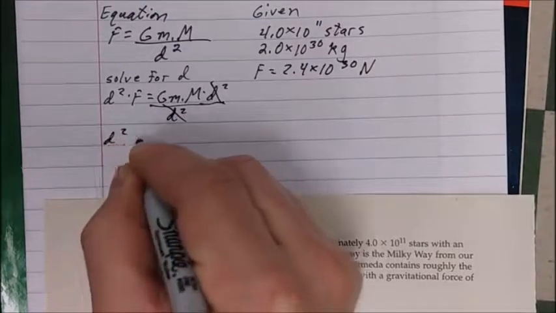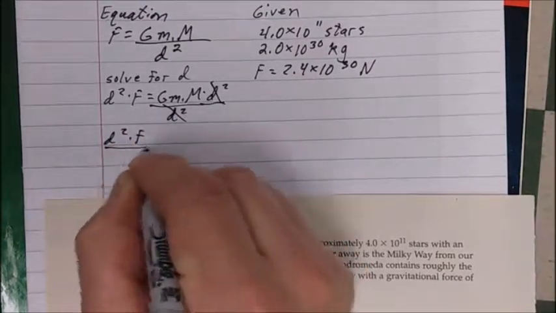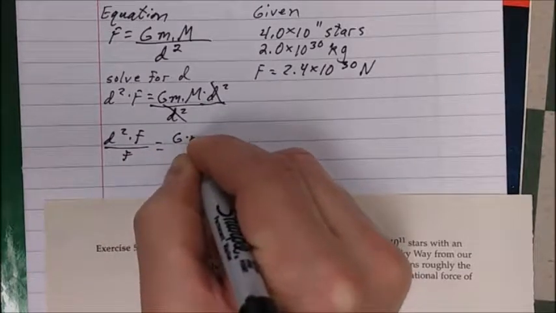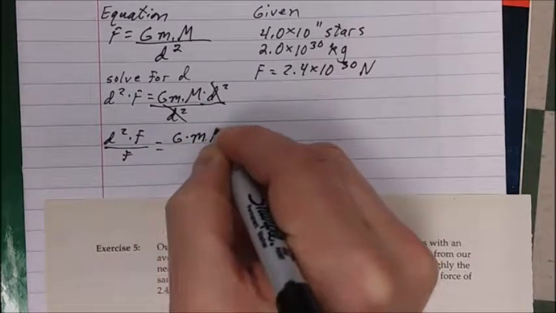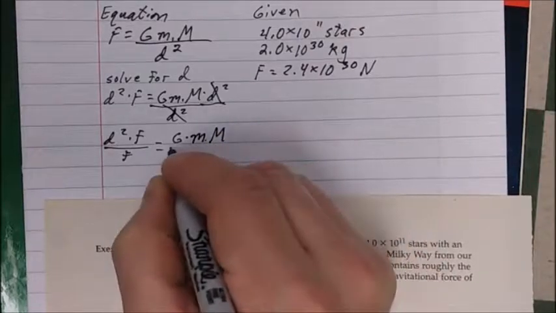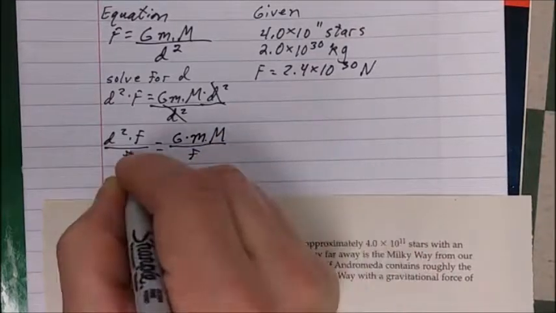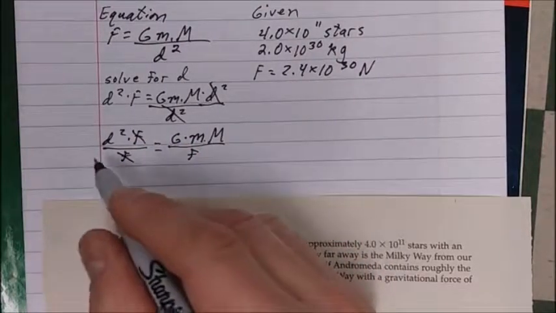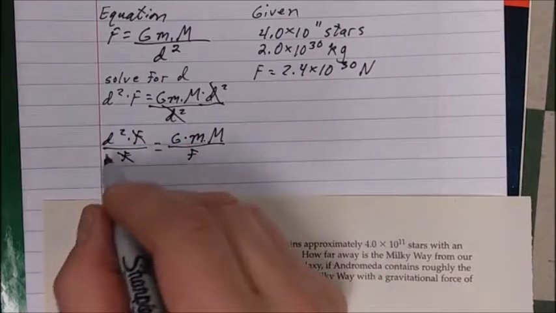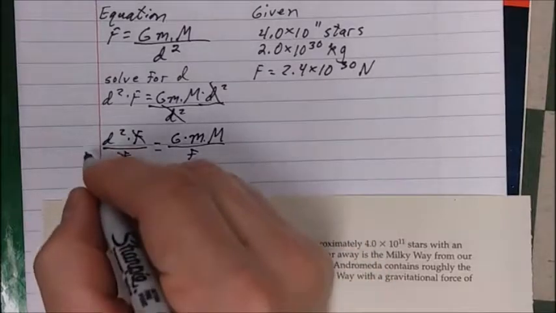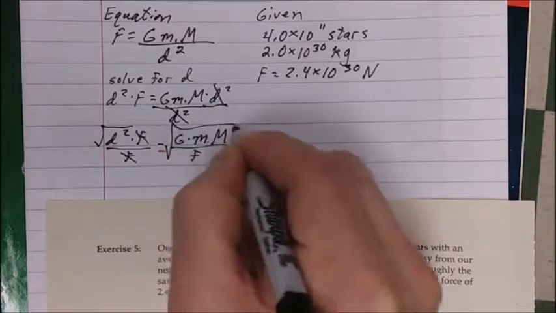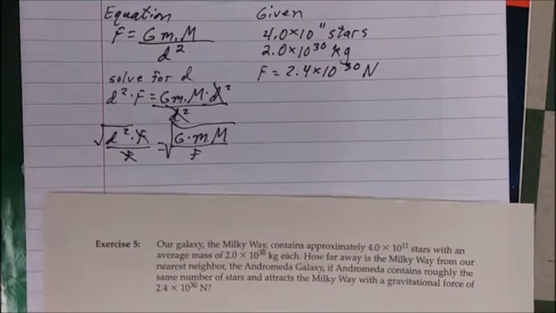D squared times F divided by F equals G times M times big M. And we're dividing both sides by F. F's going to cancel on that side. And now we have to take the square root on both sides to get D by itself.